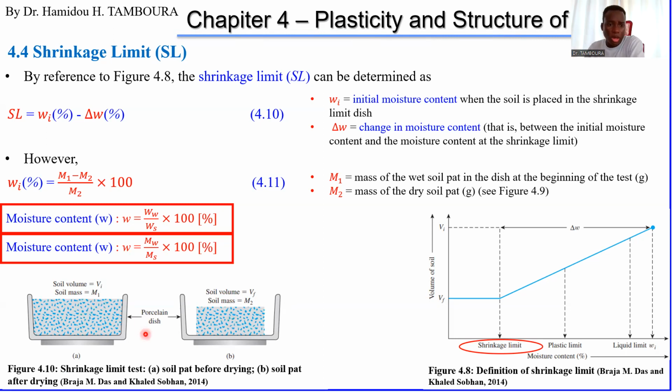So if we do M1 minus M2, what we are getting is the mass of the water. That's why we have here M1 minus M2, the mass of water. And M2 is the mass of soil, MS, because M2 is only the solid part of the soil.